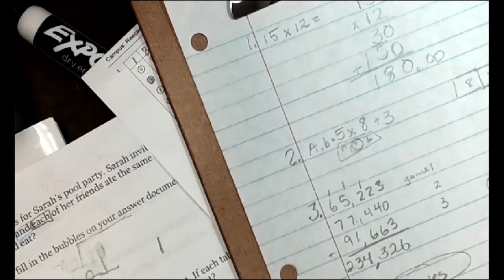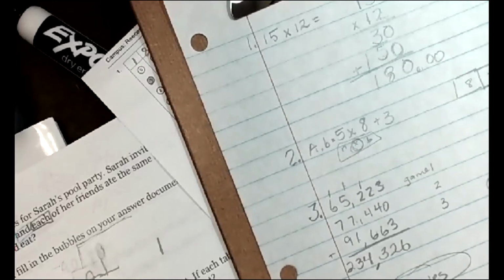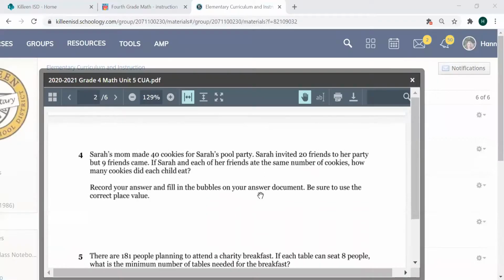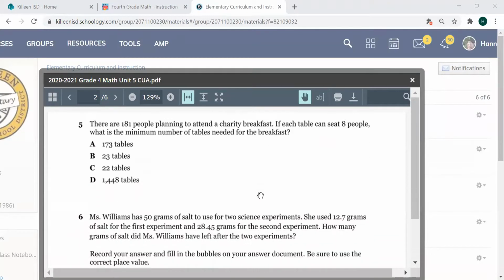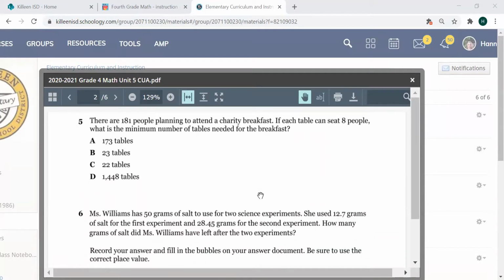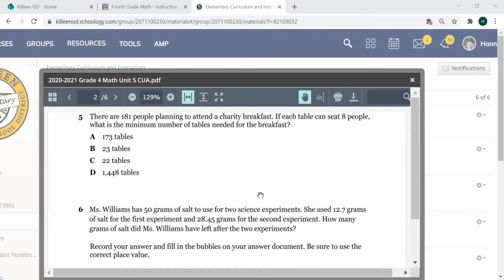Okay, you have 4 minutes. Okay, so we're going over numbers 5, 6, 7, and 8. There's 5 and 6. Take a look at those. You can talk to each other, Delilah, Elijah, and Lenhart.